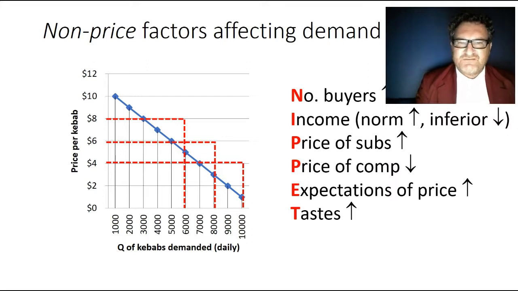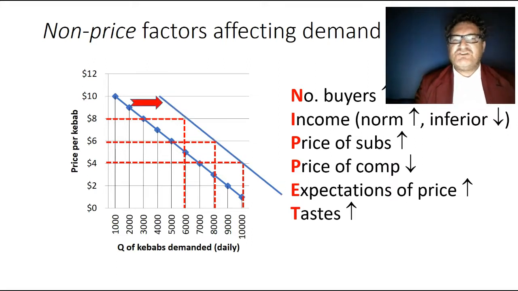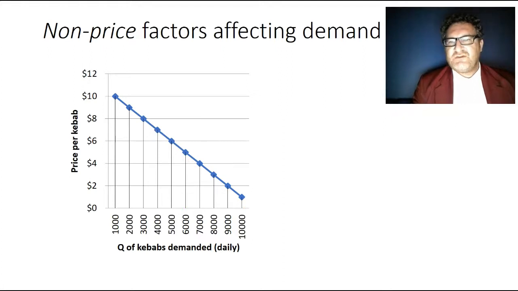So how do we represent this idea graphically? We would be shifting the demand curve to the right, reflecting the fact that the consumers are willing and able to purchase more than before at the corresponding prices. And the same story is going to apply in the other direction.